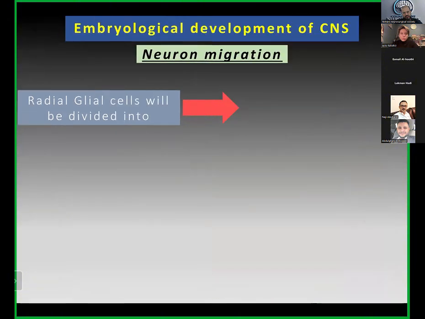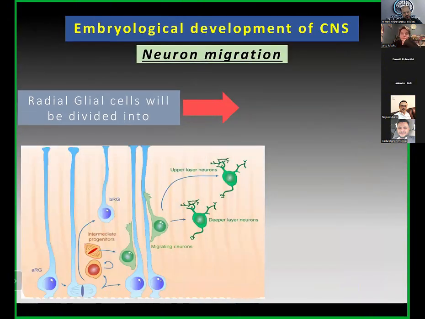Another type of cell formed by the radial glial cells is the intermediate progenitor, or neuron progenitor. So these radial glial cells will also divide to form one of the important types of neural maturation, called the intermediate progenitor, or the neuron progenitor.